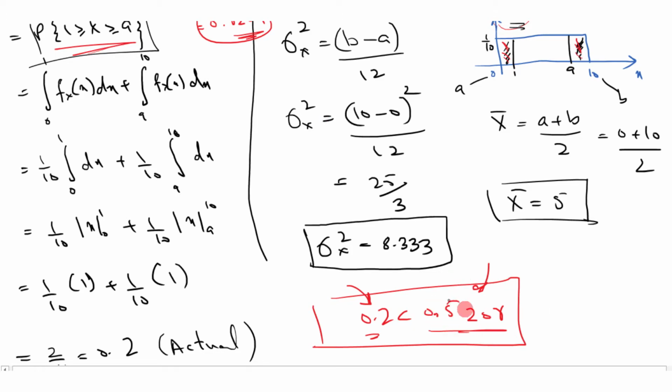Although this probability is correct, because the Chebyshev inequality is an inequality, this represents an upper bound of the probability for this problem. So the upper bound that the Chebyshev inequality provides does not need to be close to the actual probability. Let me repeat, the upper bound that the Chebyshev inequality provides does not need to be close to the actual probability.